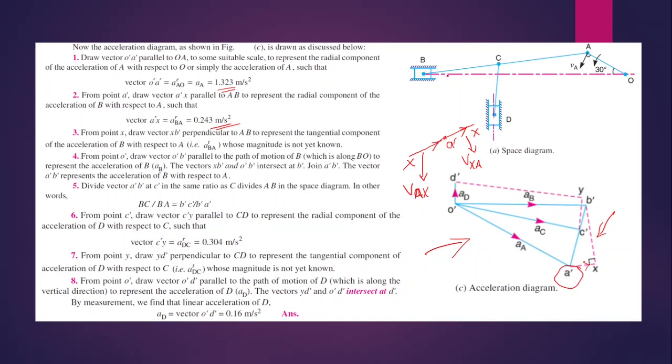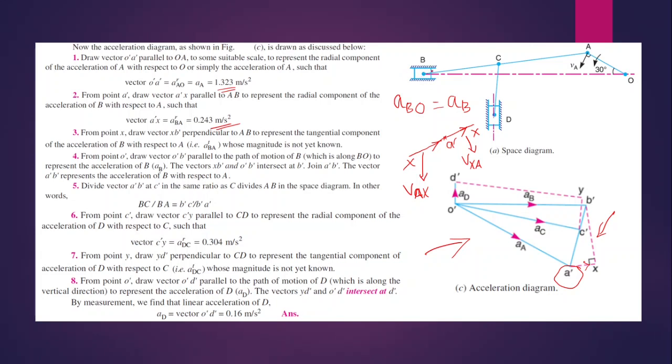Then the meeting point of the acceleration of B with respect to A and the acceleration of B with respect to O will become the point B. Again, we can represent the acceleration of B with respect to O, that is a constrained motion, and that point O is at rest. That means the acceleration of B with respect to O will give the absolute acceleration of B, because that point O is at rest, and that acceleration must be along the horizontal direction.